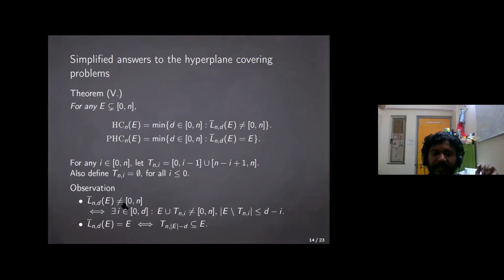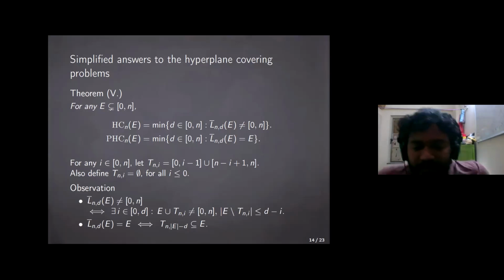So the characterization is that L bar D of E is not equal to the full hypercube, 0 to n, if and only if there is an I in 0 to D, such that E union Ti is not 0 to n, and the size of E minus Ti is at most D minus I. It's an easy consequence of the definition, which is why I'm not going into the proof of it.